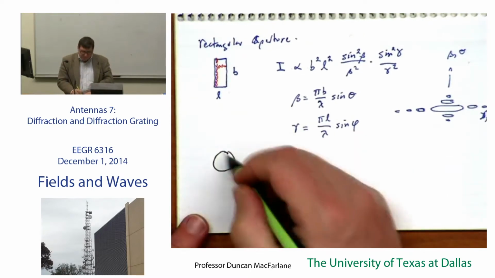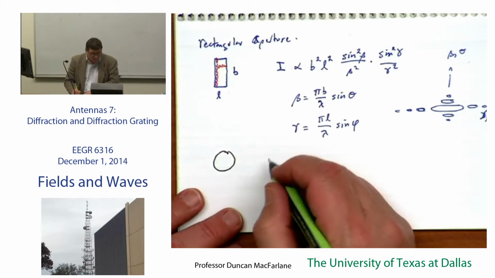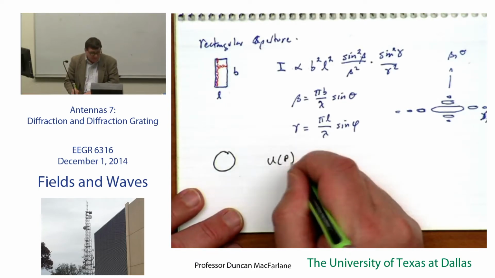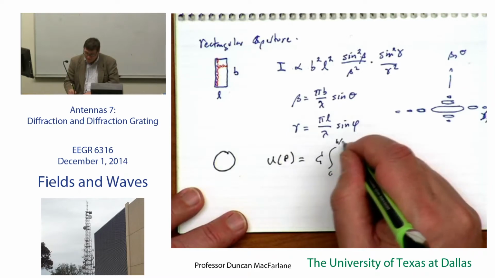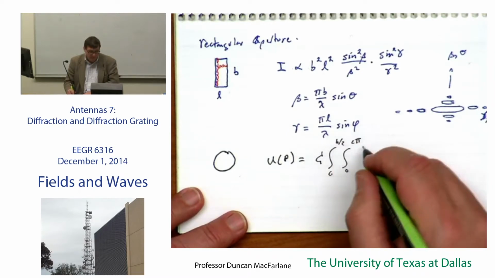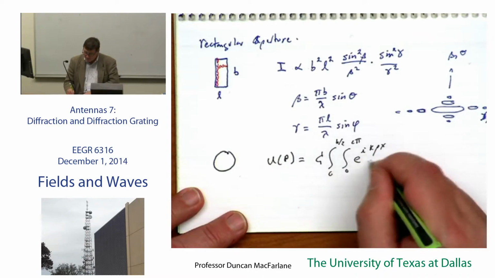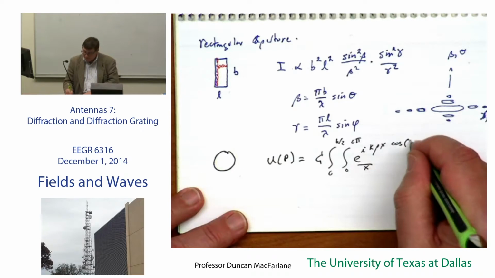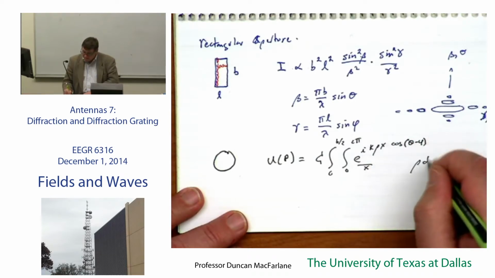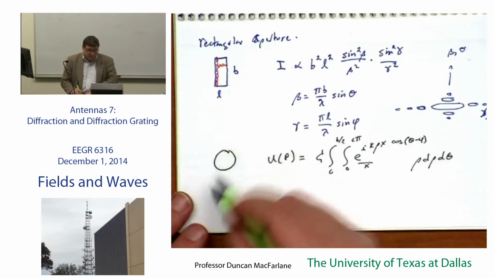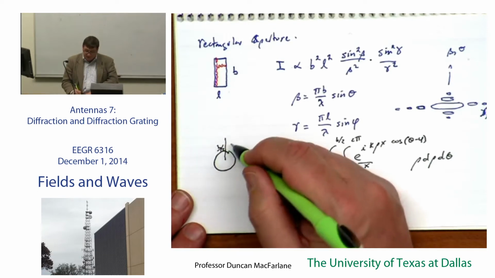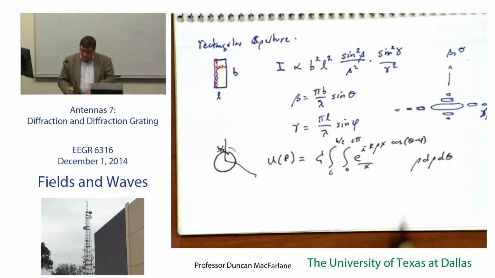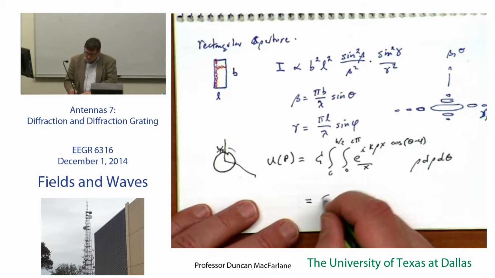Anyway, the circular symmetry changes things enough that when I add up all my point sources, when I do the integration, let's say this is b over 2 radius, and I do all my integrations around this, I have a sufficiently difficult integral that gives me a slightly different output.